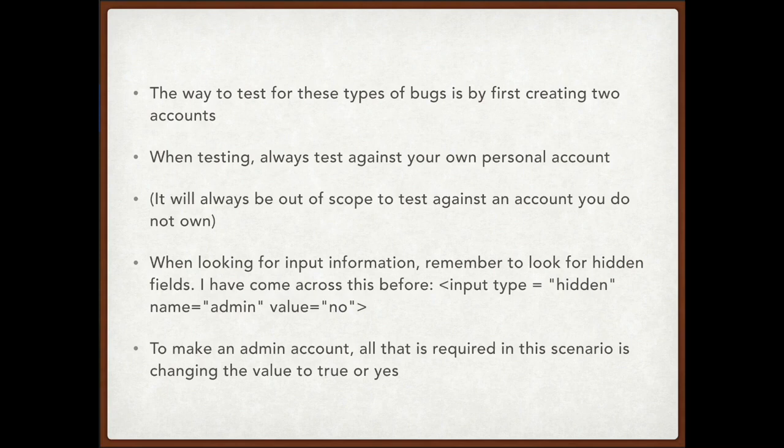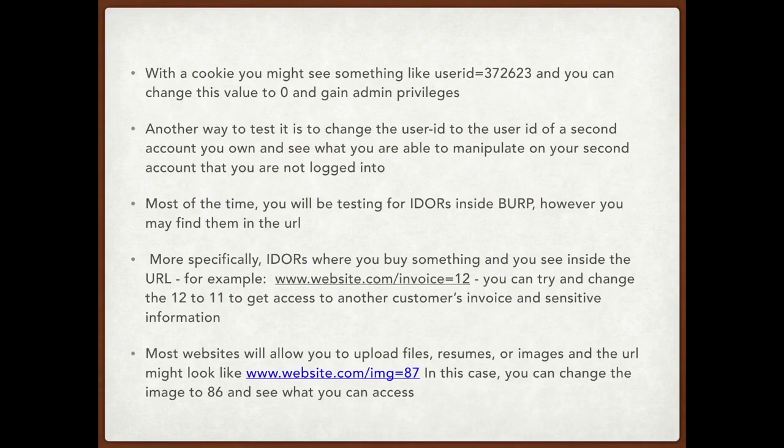And so we're always looking for parameters and things that we can change to get us somewhere that we should not be. One of the other places that you will find IDORs is in cookies. A lot of times cookies and tokens will host user information. So that's how websites will keep you authenticated. Not all of them, but some of them will be through cookies. And so maybe you'll see something in your cookie like user ID and then a number.